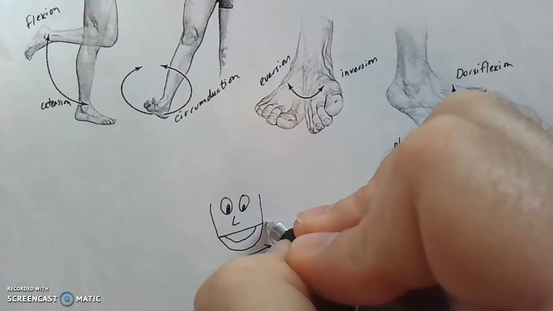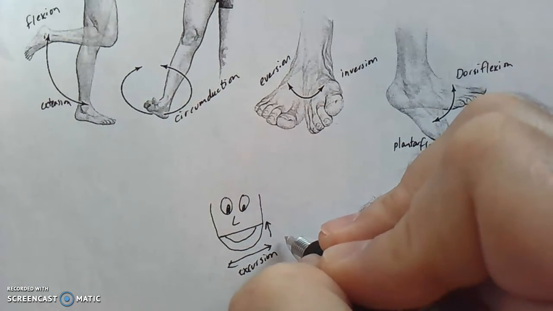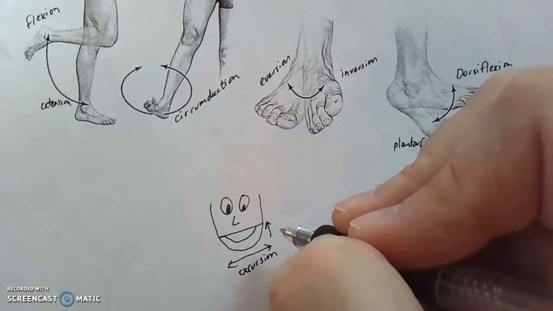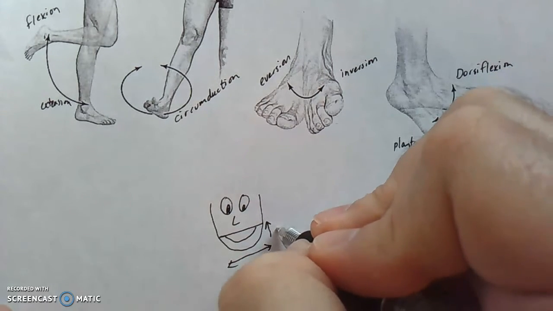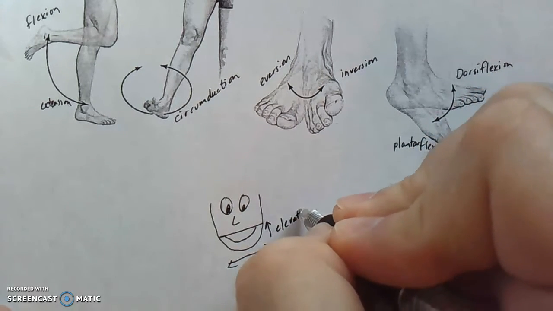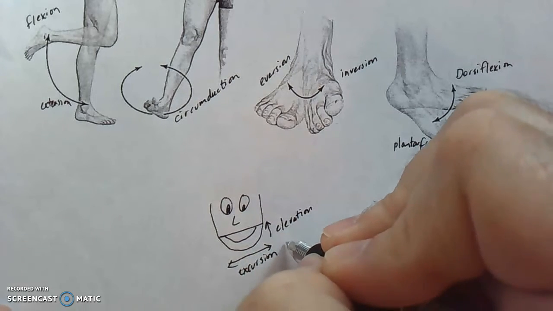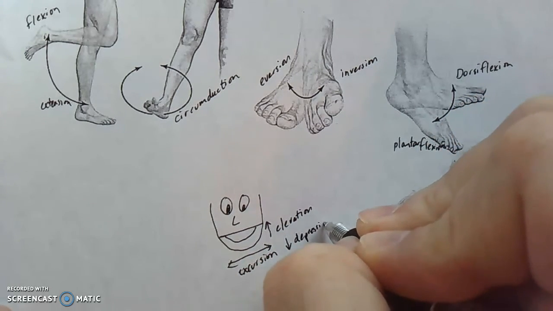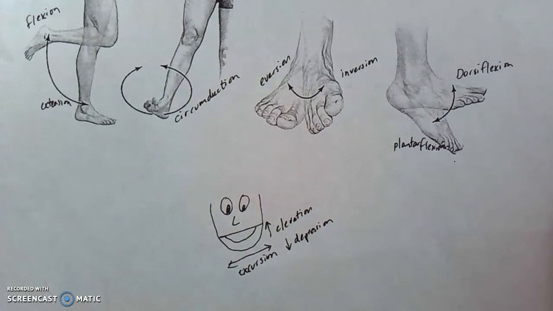If we close the jaw, that is elevation. If we lower the jaw, that is depression, just like with our shoulders, raising it and lowering it.